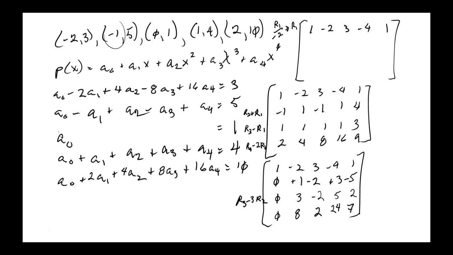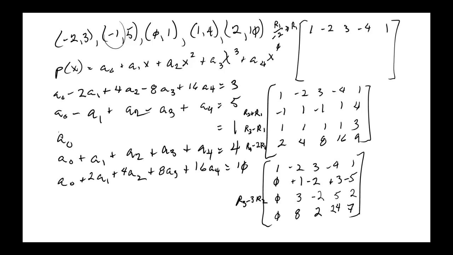Cube minus 2 and you get minus 8a3, and then raise minus 2 to the fourth power, that's positive 16a4, and this polynomial then is equal to 3. When you plug in the x, you get the y. Your a's are your parameters, the unknowns here. You're plugging in x values and squaring, cubing, fourthing, whatever, and you're getting your y value.